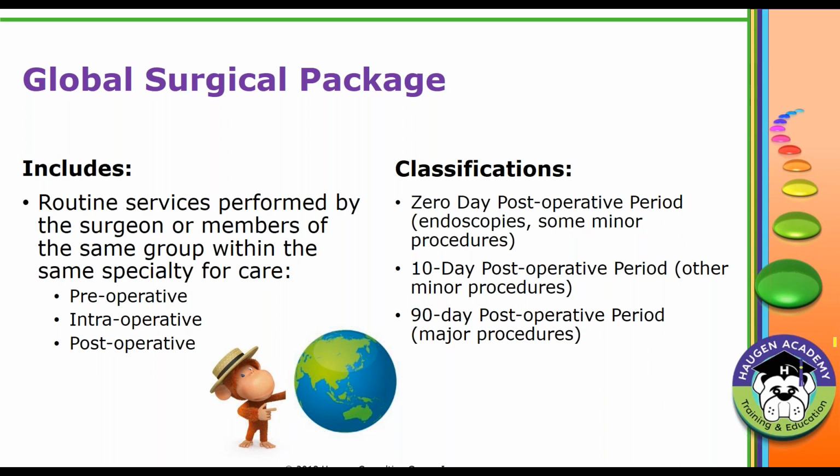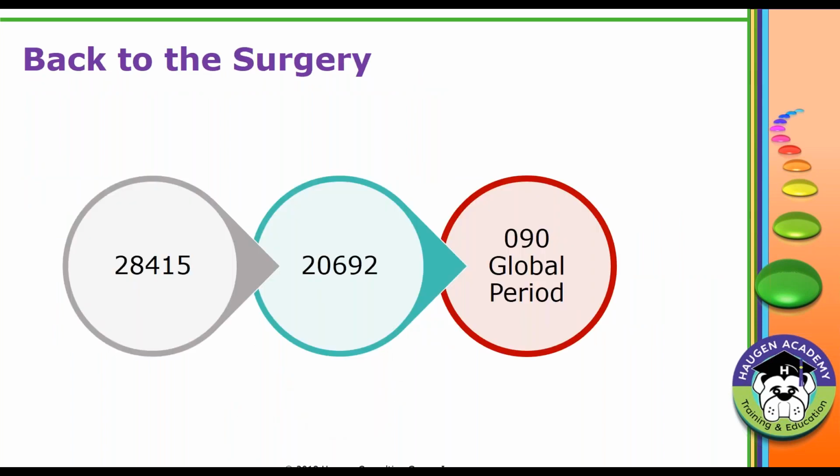And then 0 day are also minor procedures. And there's no pre or post-op days, but a visit on the same day is generally not payable as a separate procedure. So our codes were 28415 and 20692. Both of our procedures have a 90 global period indicator.